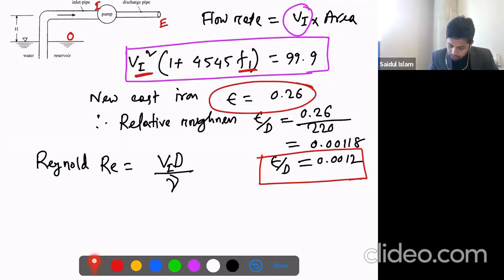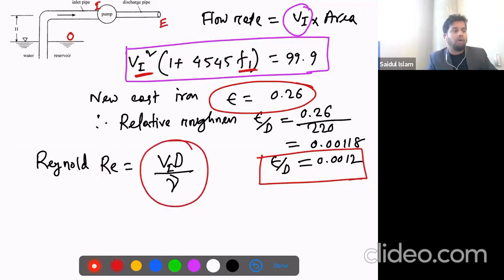We have these expressions with two unknowns, vi and fi. So we need fi to get the velocity, and we can get it from the Moody diagram, but we need epsilon over d and the Reynolds number, but we cannot calculate the Reynolds number because we don't know this velocity. Then how can we solve it? You understand what I mean? So these two values we need, but we don't have this Reynolds number.